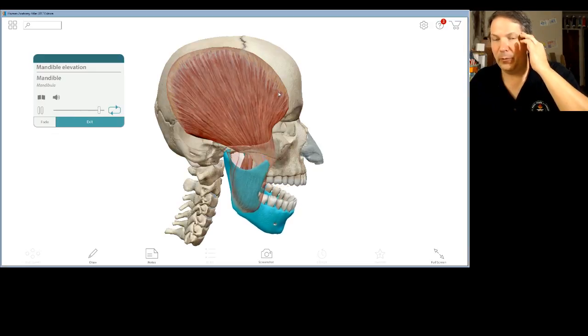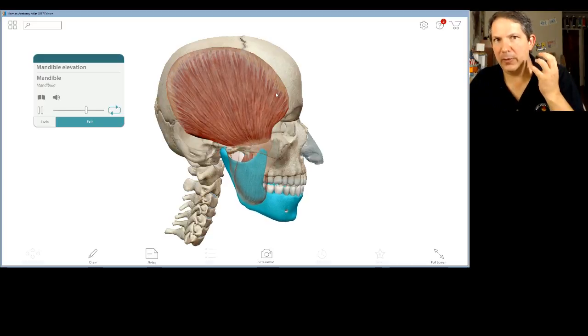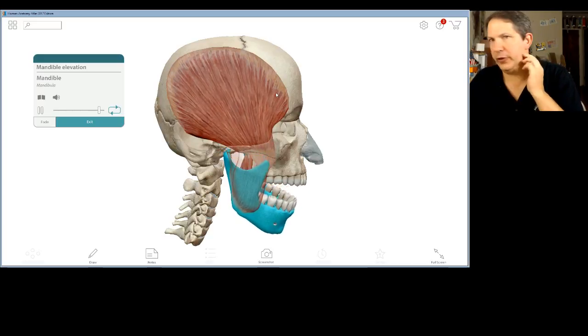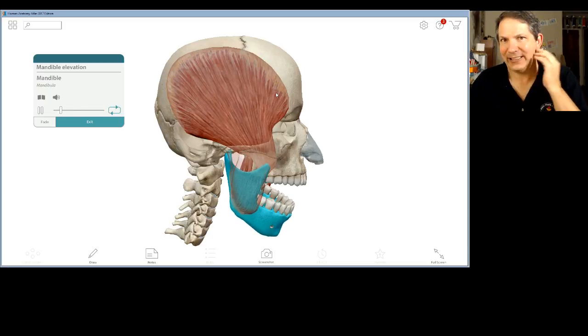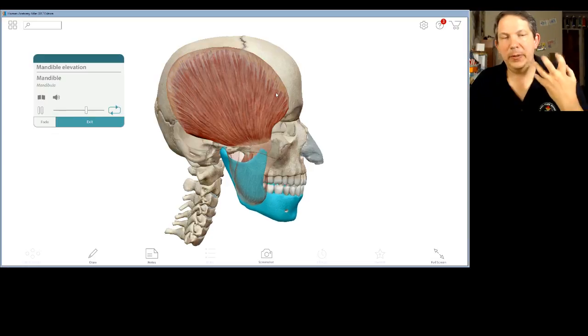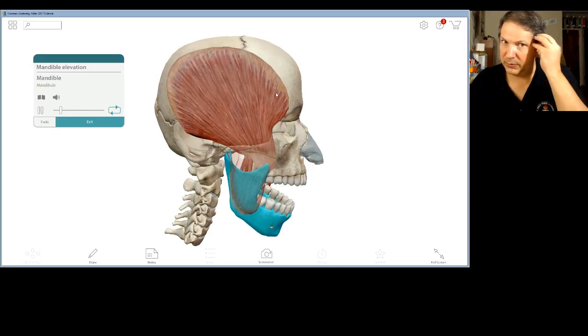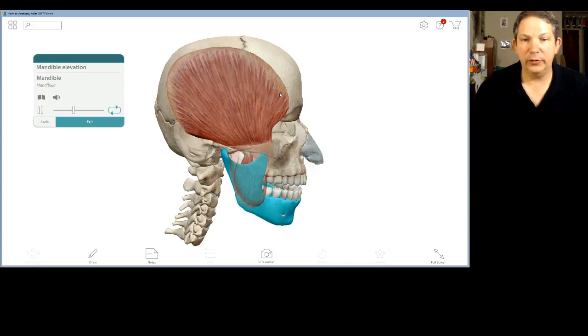You can feel your temporalis muscle as you close your mouth tightly. You can feel your masseter muscle gets tight. And some people who chew gum a lot or chew tobacco a lot, you can kind of see their temporalis muscle bulging out as they do that.